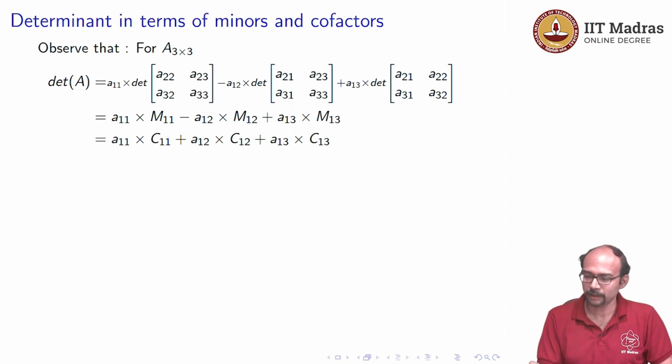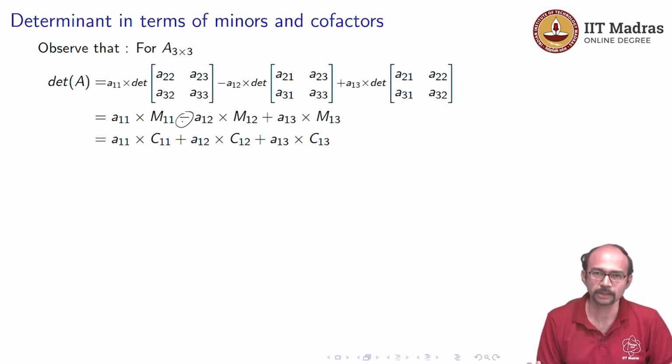Okay. And then if I want to take care of this sign, right, there is a minus sign here and I want to write everything as a plus. So, then I can rewrite this as A11 times the 1 1th cofactor plus A12 times the 1 2th cofactor plus A13 times the 1 3th cofactor. Okay. So, that is why we introduce cofactors.